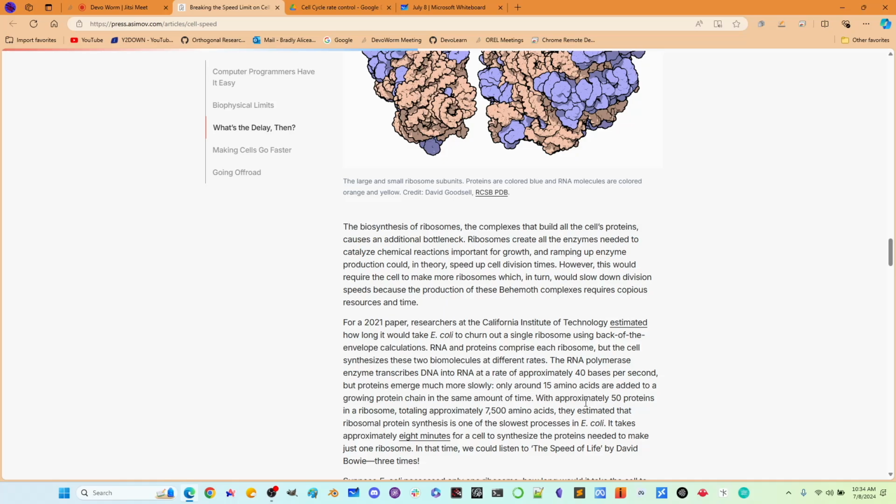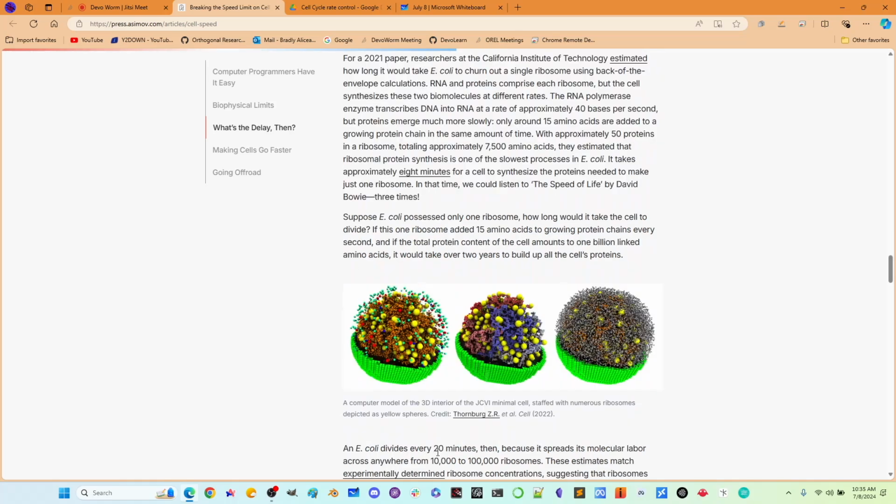With approximately 50 proteins in a ribosome, totaling approximately 7,500 amino acids, they estimated that ribosomal protein synthesis is one of the slowest processes within E. coli. So it takes 8 minutes for a cell to synthesize the proteins needed to make just one ribosome. A significant constraint.